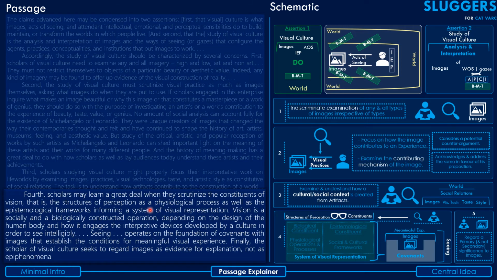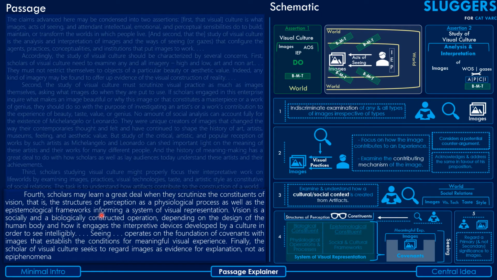Let's read the sentence. He says to scrutinize the constituents, that is the parts, of vision, that is the structures of perception as a physiological process, the biological component, as well as the epistemological framework. Now epistemology is basically the study of knowledge, anything that relates to the study of knowledge and information.